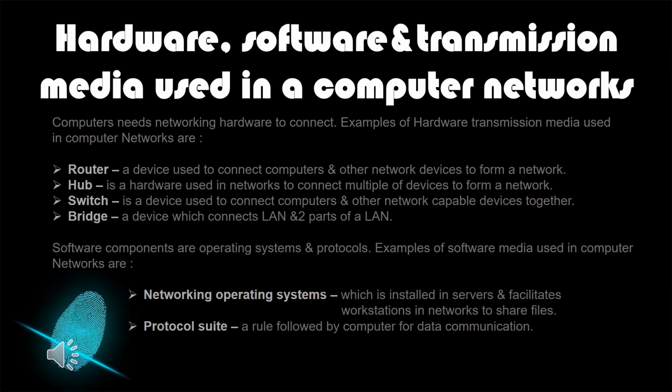Hardware, software, and transmission media used in a computer network. To build a computer network, we need hardware like routers, switches, bridges, and for software, network operating systems and protocol suites. A router directs data across networks.